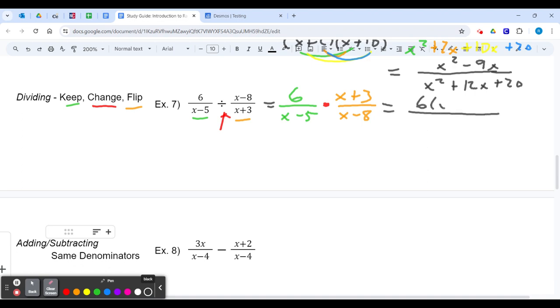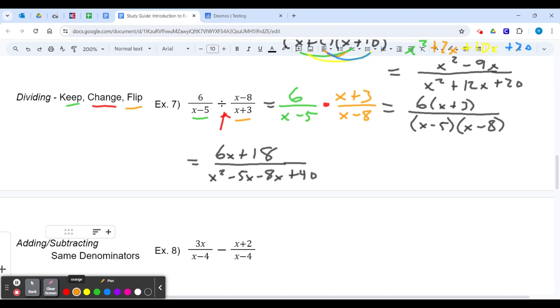So we have 6 times x plus 3 and x minus 5 times x minus 8. And if we do that and actually work it through, we'll get 6x plus 18 on top because we're distributing that 6. It's going to multiply with both of those. And on bottom, we'll have x squared minus 5x minus 8x plus 40.